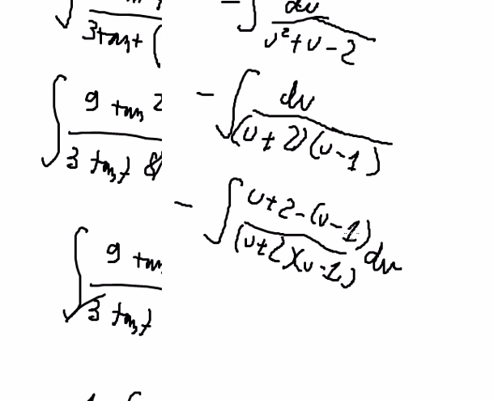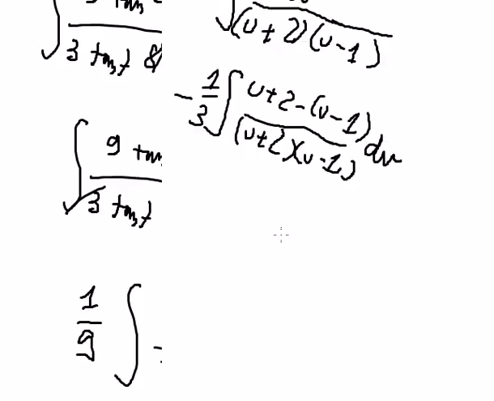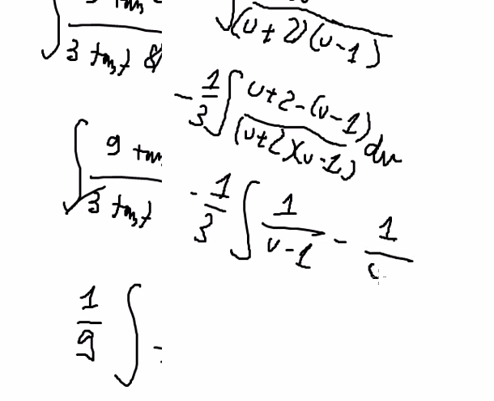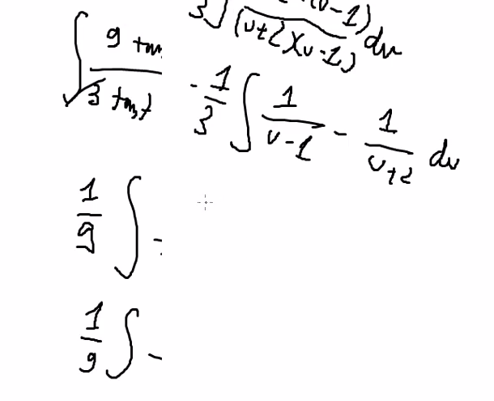Two minus 1, you got about positive number 1. 2 plus 1 is about 3. So in here we need to put about 1 over 3. U plus 2 divide u plus 2, you got about 1 over u minus 1, and we have negative 1 over u plus 2, and we got the final answer.